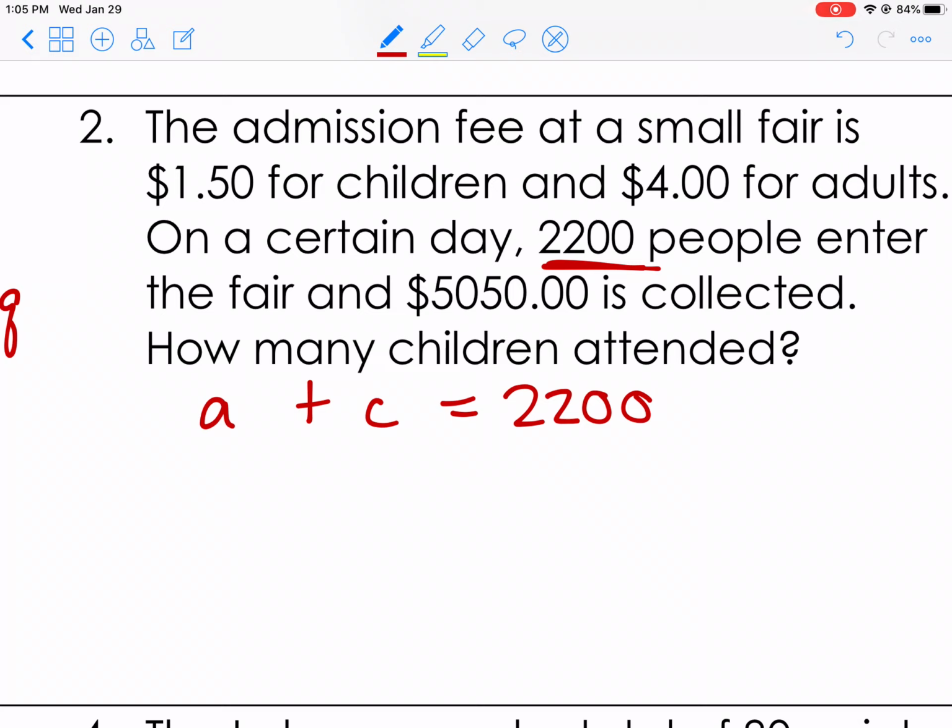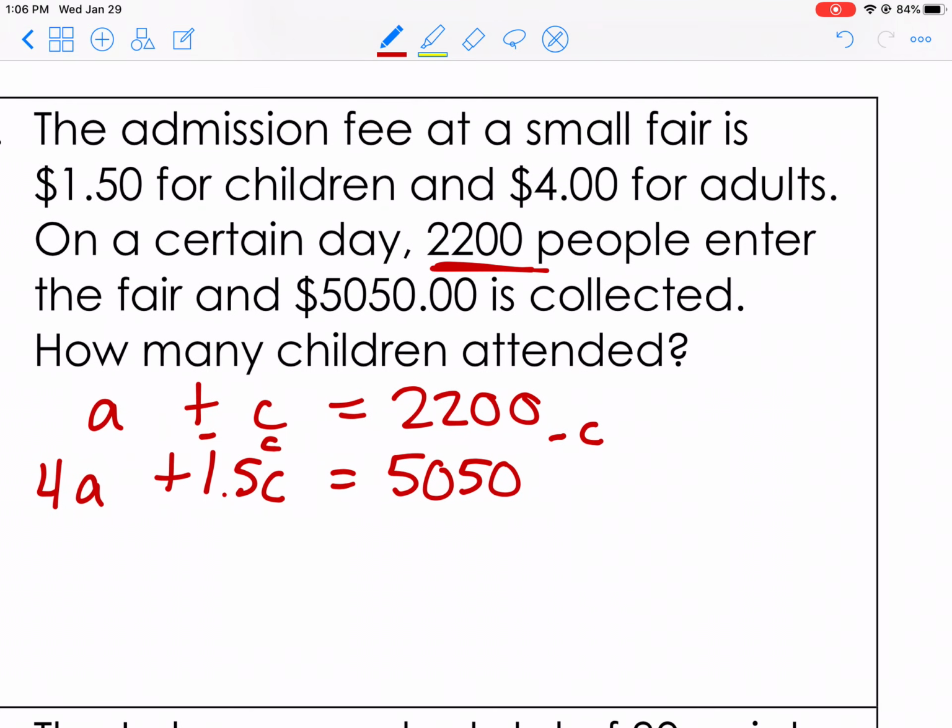And then we have to do the equation that talks about money. So remember that adults were $4 each, 4 for adults, and children were $1.50 each, and together they total $50.50. All right, I would start by subtracting C from both sides up here so that you have an equation A equals 2,200 minus C. So substitution is what I'm going for.